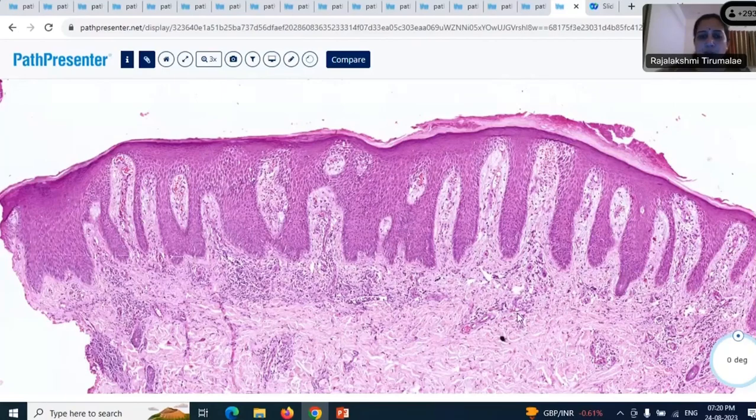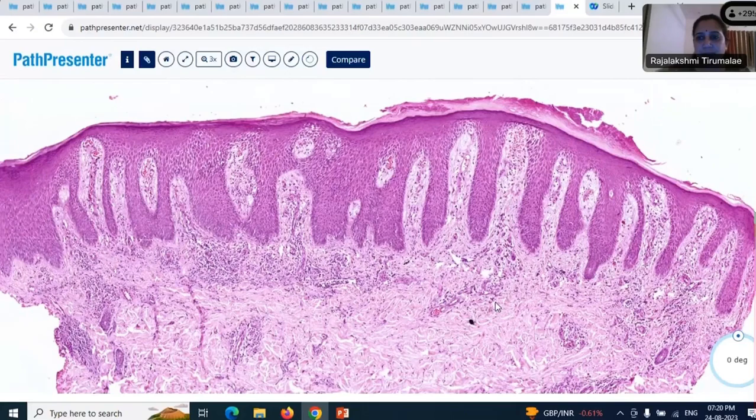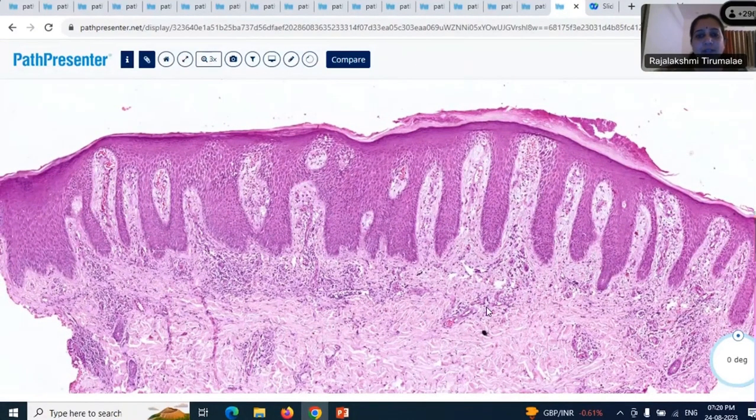Are they all more or less of the same length or are they different? Yes, most of them are almost in the same length. Yeah. So what is the term you would like to use to describe this? You can call this even regular psoriasiform acanthosis, right? Yes, right. You're right.